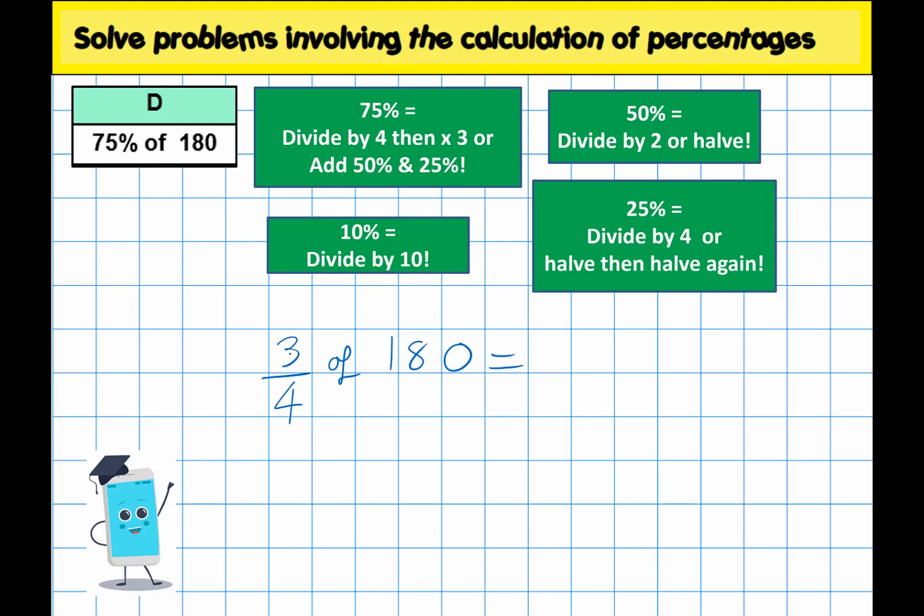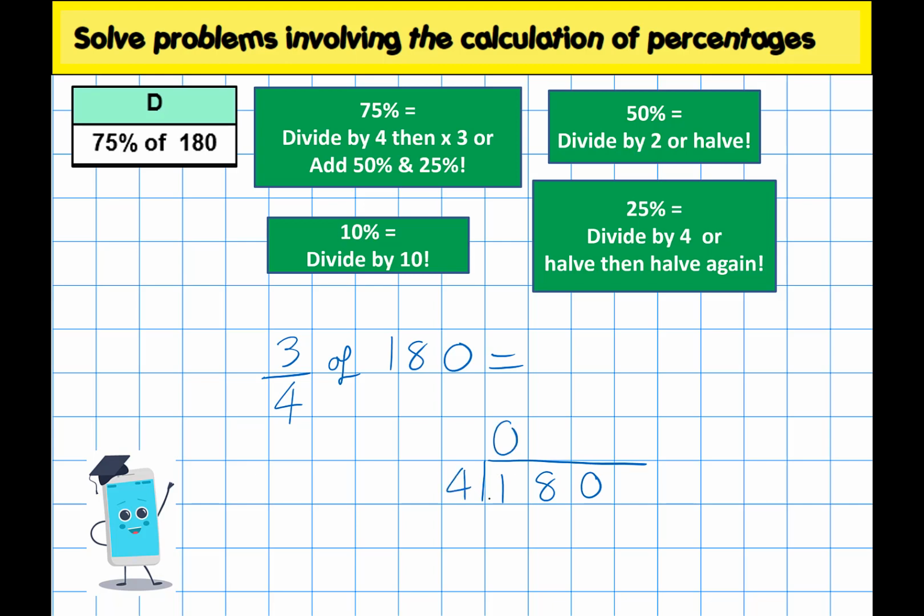To find a fraction of an amount, you divide by the denominator, multiply by the numerator. Or you could find 50% and then 25% and then add these two together. So I'm going to go through all of the different ways actually. So 3/4 of 180. So we could divide by 4 first.